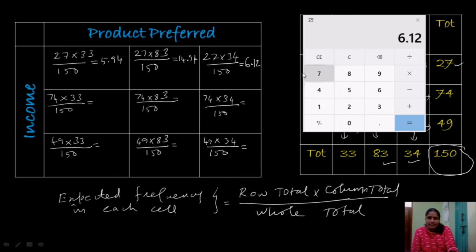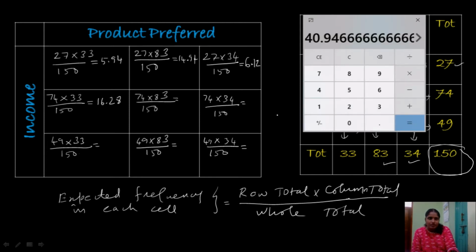And for the next, 74 multiplied by 33 and divide this by 150, you get 16.28. Then 74 multiplied by 83 and divide this by 150, you get 40.9466, etc. I have to take only 2 decimal places, so 40.95.